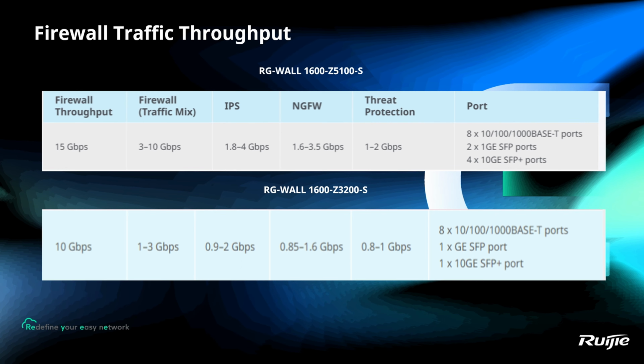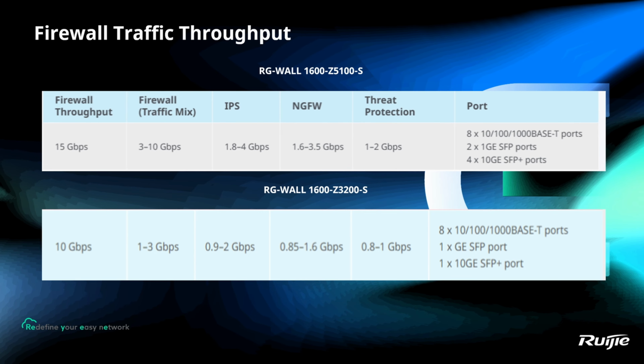The last one is the threat protection. This is where you're literally enforcing everything in the network. From IPS, you're doing application controls, network level antivirus, and URL filtering. You're running the whole security suite using the threat protection.